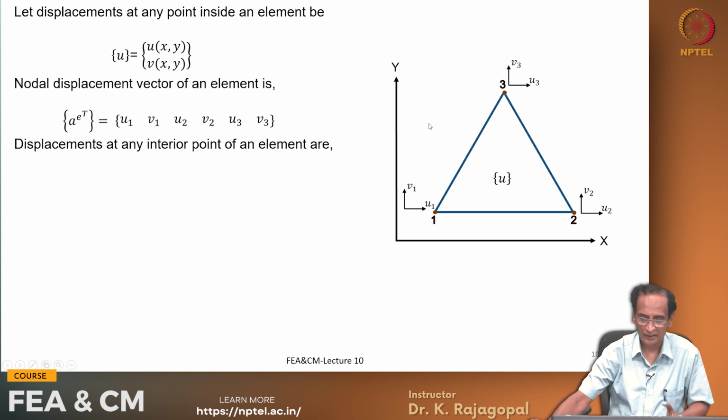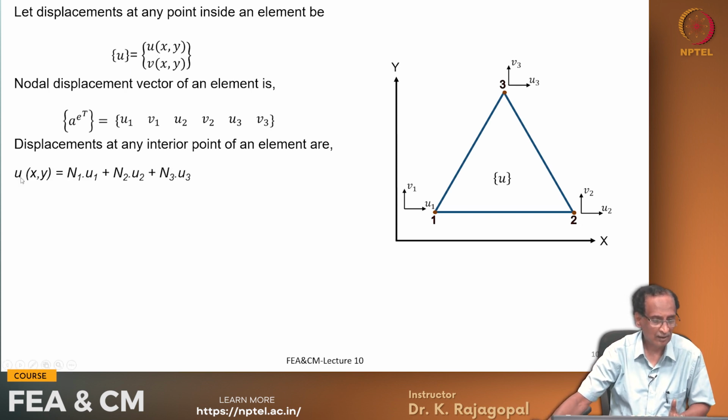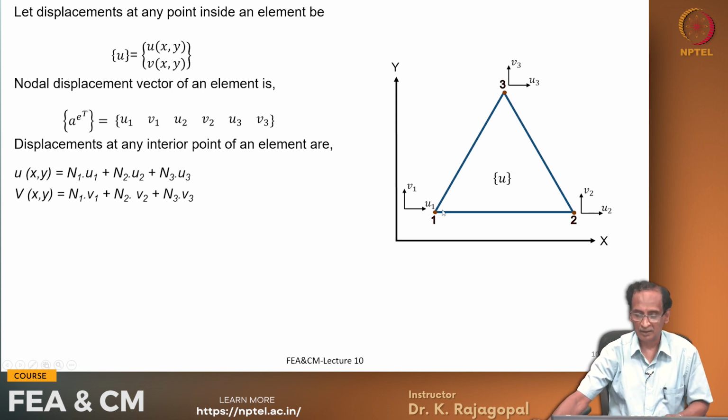And let us say that at any interior point we have another displacement vector u and v, which is a function of x and y, and in general we can write the interior displacement u in terms of the displacements at the nodal points like this: N1 u1 plus N2 u2 plus N3 u3, or v is N1 v1 plus N2 v2 plus N3 v3.